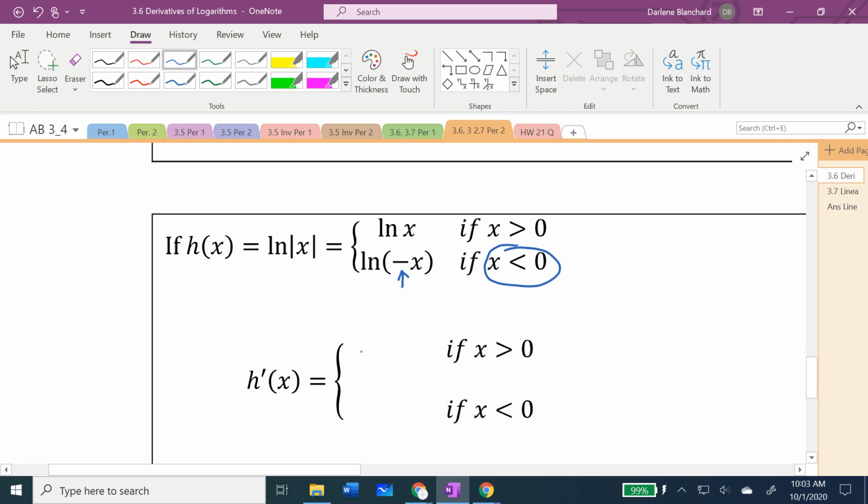So if x is greater than 0, what is the derivative? 1 over x. In order to find the derivative of the natural log of negative x, we have to recognize a baby function. So when I use the chain rule and I say blah, that's referring to just whatever's in the position of the variable. So if your function is the natural log of blah, what is the derivative?